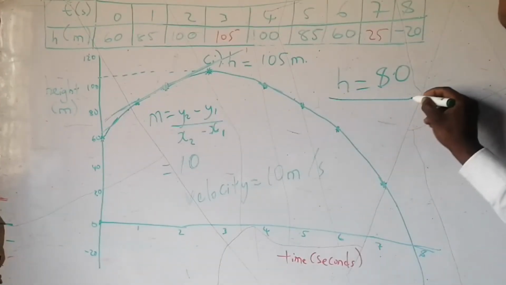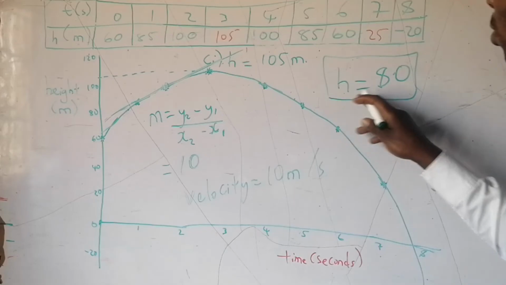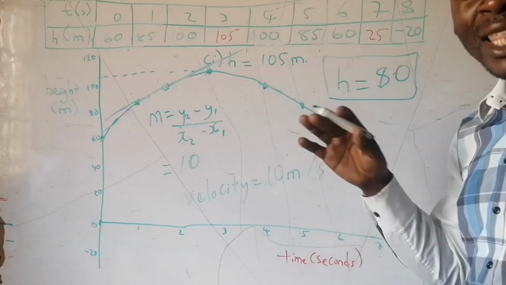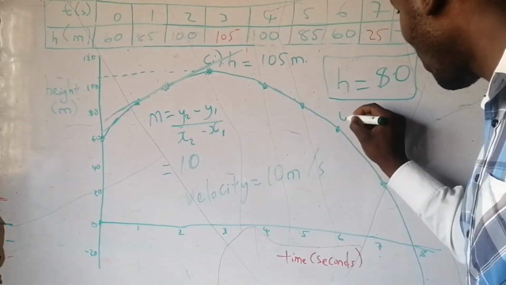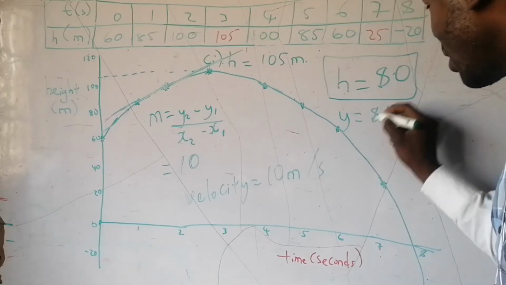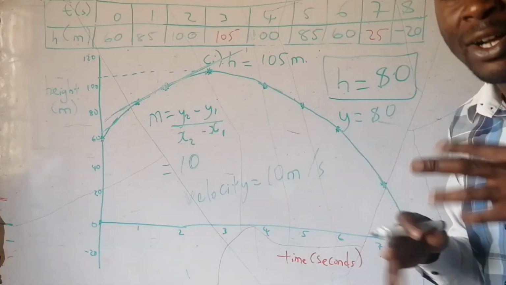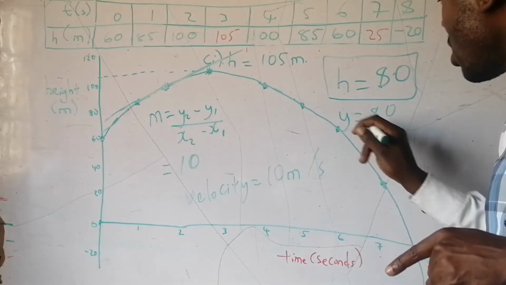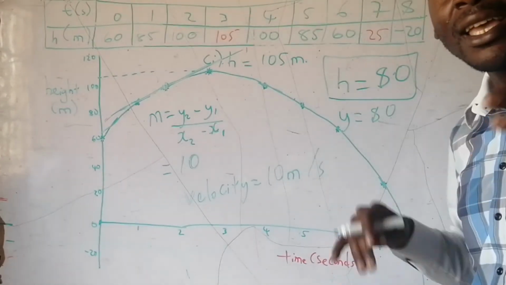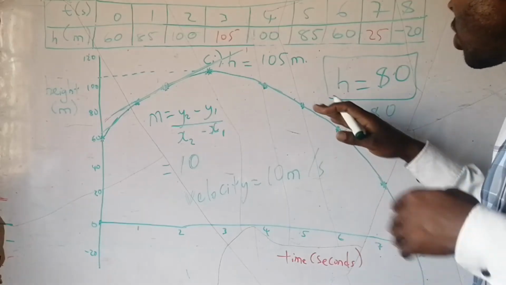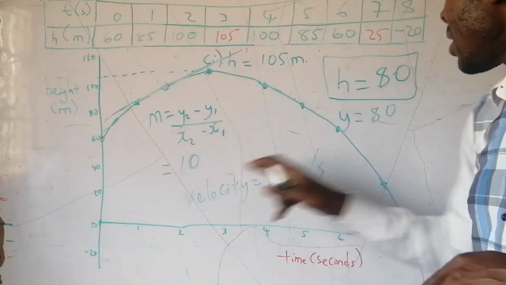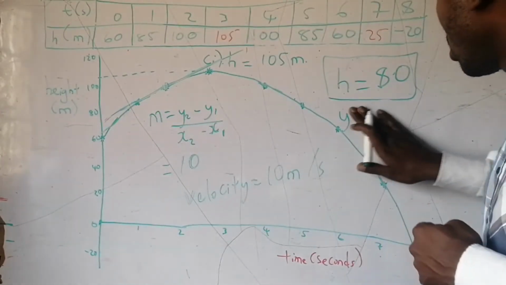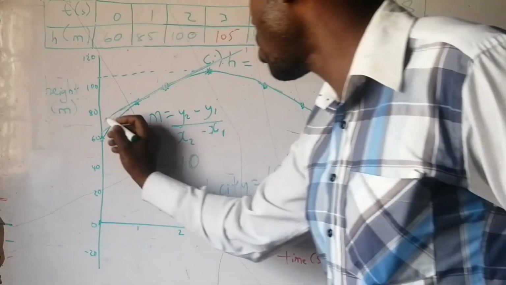So draw this line. H is equal to 80. Just think of those lines like y is equal to 80. It is a horizontal line which crosses the y-axis at 80. So h is equal to 80 is a horizontal line which intersects with the y-axis at 80. So to draw this line, just draw a straight line here.